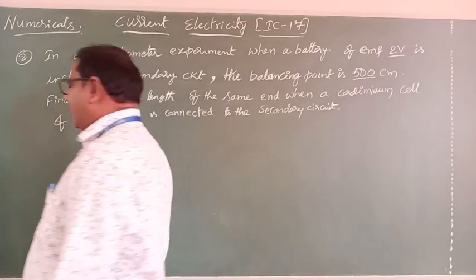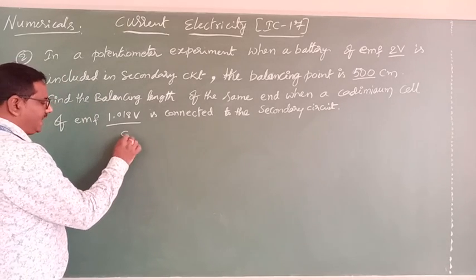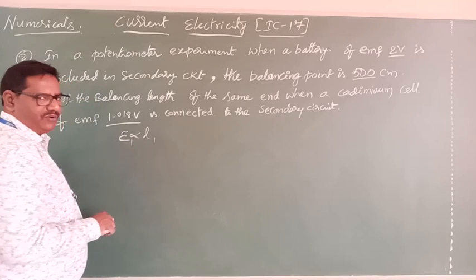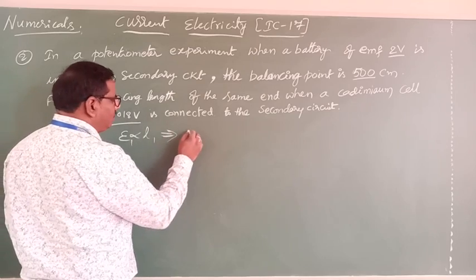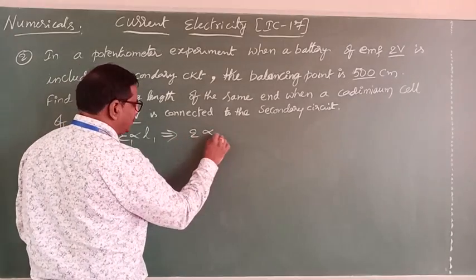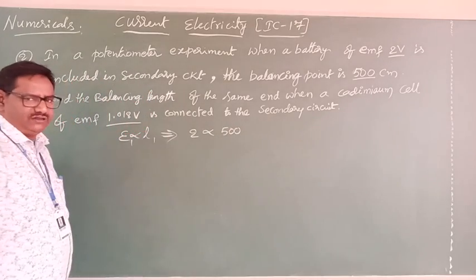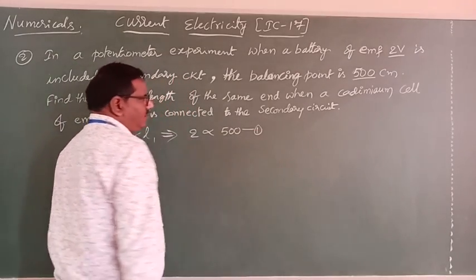So according to the principle of potentiometer, E is directly proportional to L. So here E1 directly proportional to L1. 2 volt directly proportional to L1, L1 being 500 centimeter. This is equation number 1.